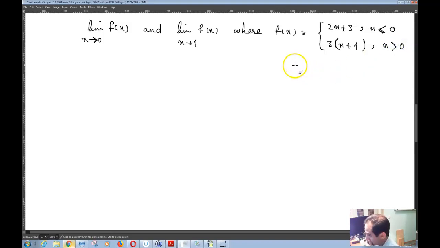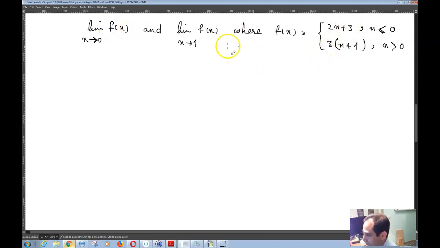Okay, so this function is x tends to 0. Well, this is a little bit of trouble, this limit, because I think you have to do it manually.